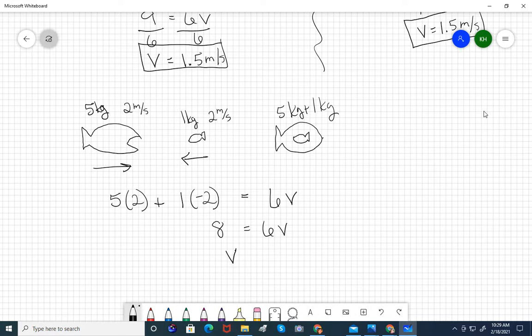And when I divide by 6, let's go ahead and show that step. If I want to know v, I have to divide by 6. And I get 1.3 equals the velocity. This time it's a little slower. Up there it was 1.5. It was a little bit faster. That's because this first fish wasn't going nearly as fast. It didn't have near as much momentum.